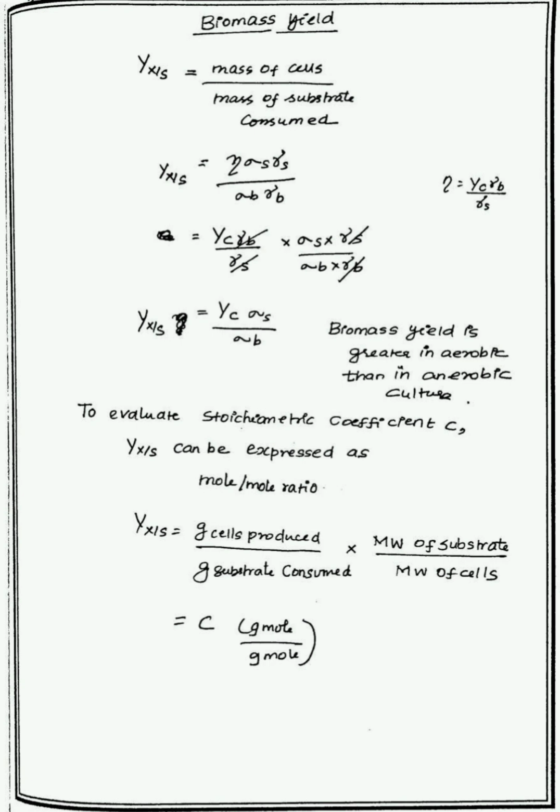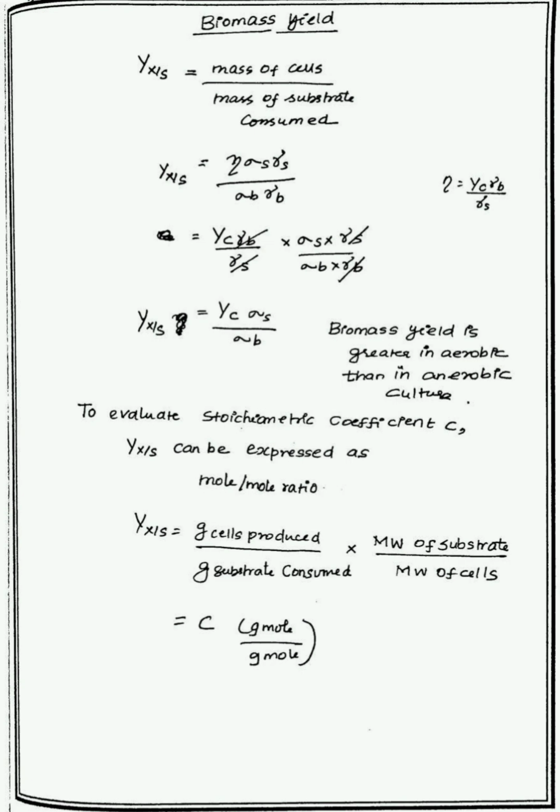I mentioned it in equation 6 in the electron balance video. So you go and see that equation: Yc gamma b by gamma s, that is your eta, the fraction of available electrons for the transformation from substrate to biomass. So that is your eta value.